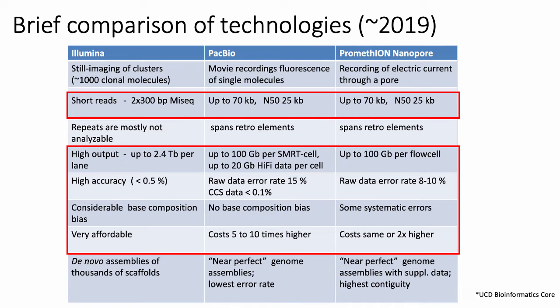They're only really able to sequence reads on the order of a couple hundred base pairs, whereas PacBio and Nanopore can effectively sequence much longer reads in the hundreds of kilobases long range, and nowadays even potentially into the megabase long reads. So you would select Illumina if short reads are okay for your particular application, whereas if you need long read technologies, then you basically have to go with PacBio or Nanopore.